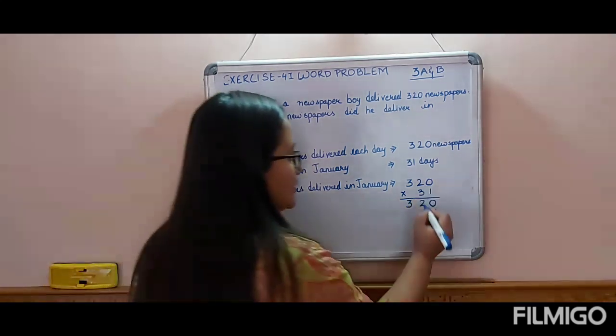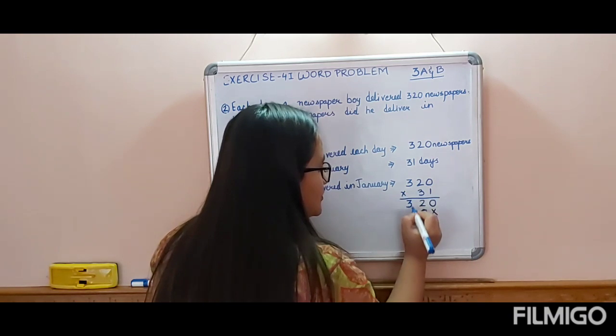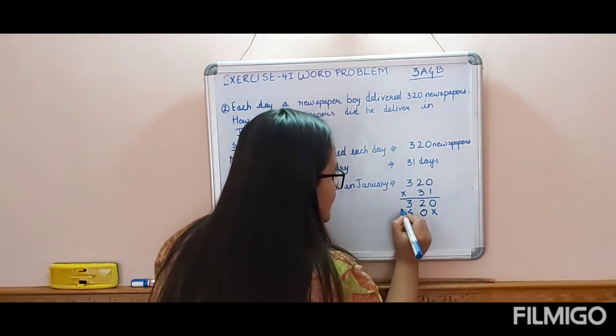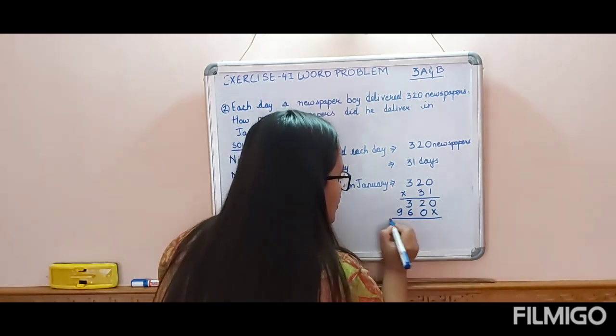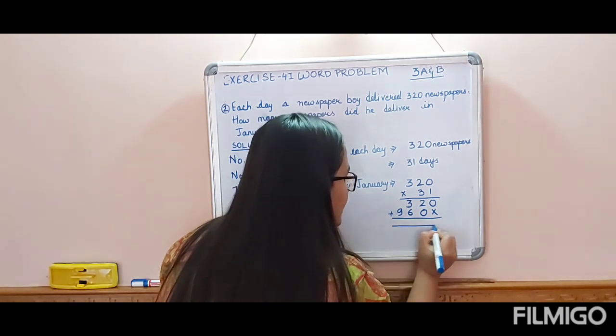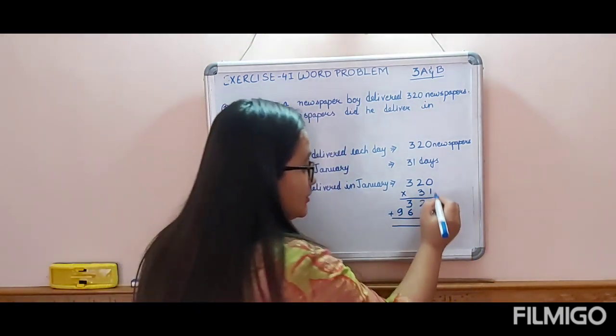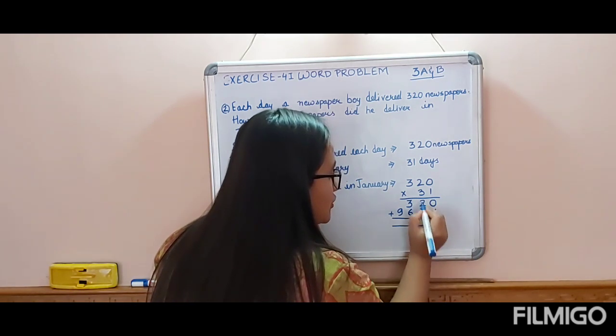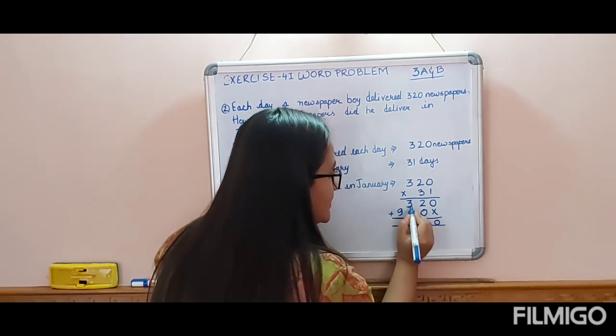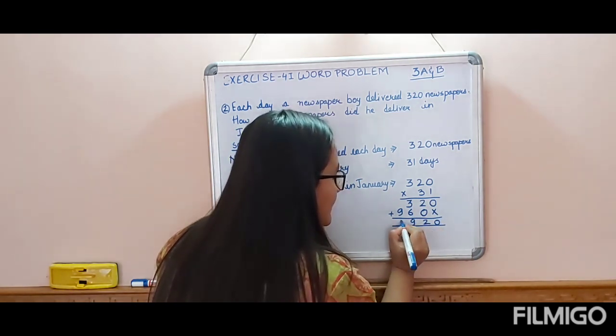Okay, now 3 zeros are 0, 3 twos are 6, 3 threes are 9. So what you do now, you will add this and you will get your answer. So 0 is 0, 0 plus 2 is 2, 6 plus 3 is 9, and 9.